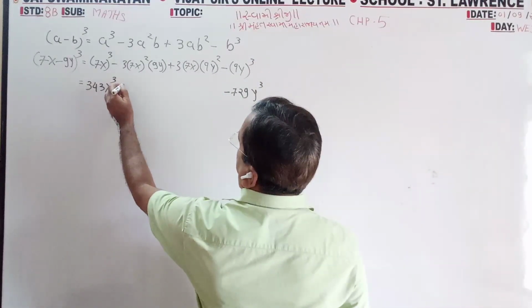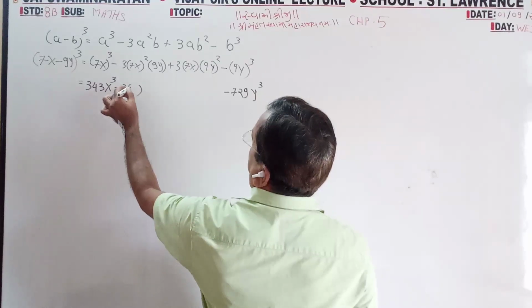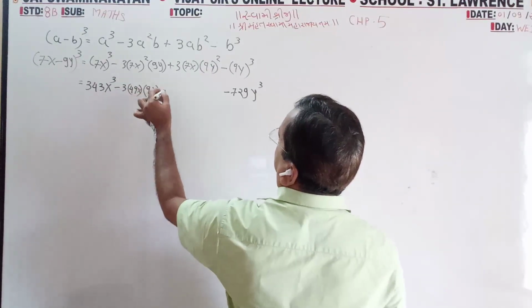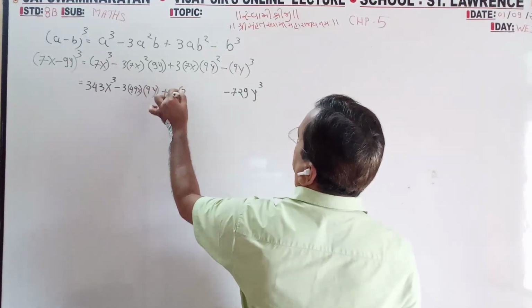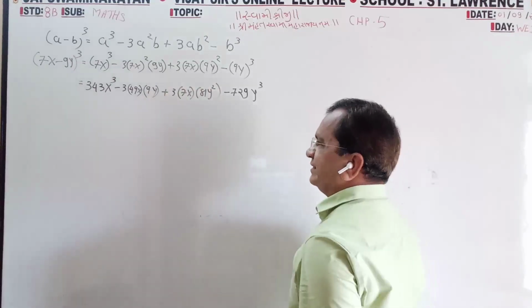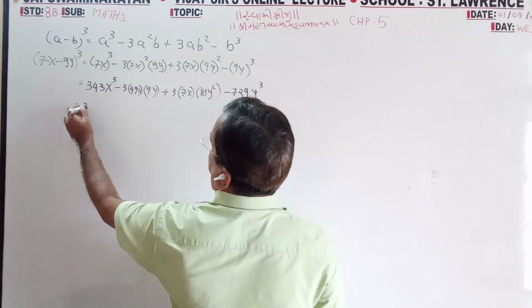Now minus 3, 7 sevens are 49x square, 9y, plus 3, 7x, 81y square. Now this will be the same.